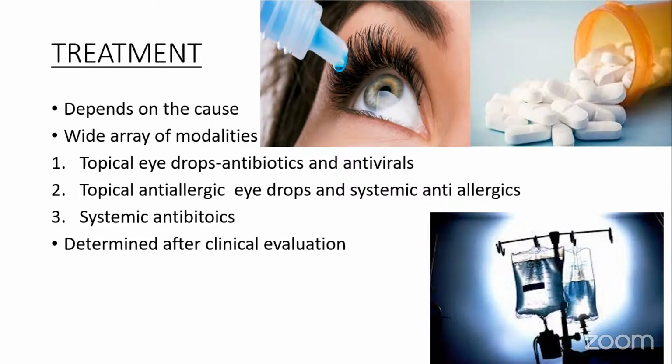And this clinical evaluation starts from the patient. We go through the evaluation, history, like we've been through, examination of the patient, like we've been through, and then a decision on the diagnosis is made. It is only after this that treatment for red eye is commenced.